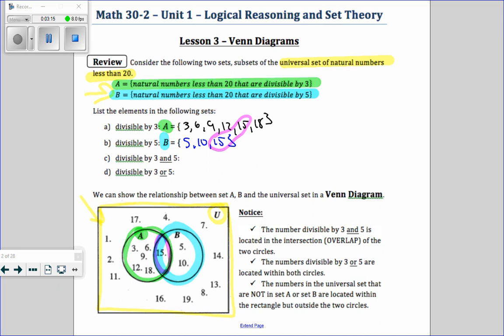So when you are creating a Venn diagram, when you're plotting the numbers onto the Venn diagram, you must start here. You start in the overlap. The overlap, the "and" here, this is the intersection.